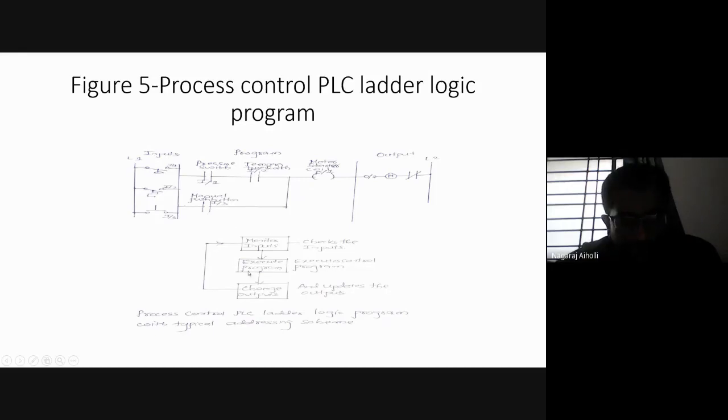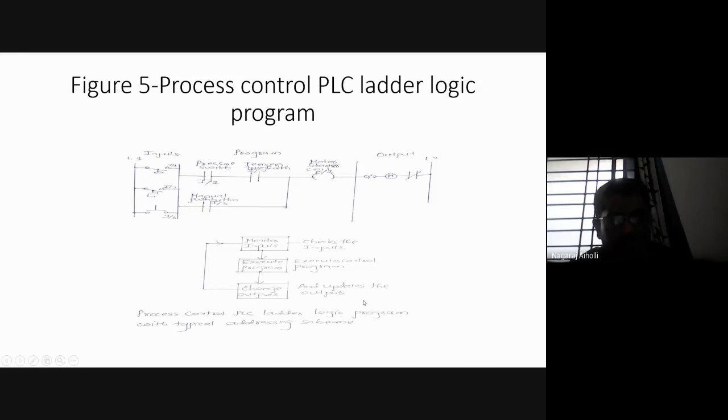Next, below here I have shown something. Can you try to understand what this is? Monitor the inputs. See the first block. It checks the inputs, executes the control program, and changes the outputs, that is, it updates the outputs.